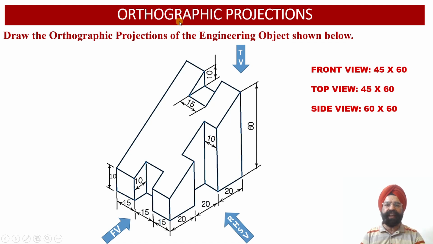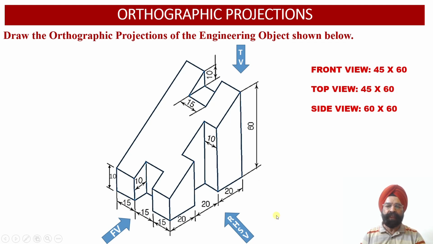Similarly, when we look at the solid from the top view orientation, we observe that the width of the solid is equal to 45 millimeter, while the depth of the solid is equal to 60 millimeter. Therefore, the top view face of the solid will measure 45 millimeter width and 60 millimeter depth.